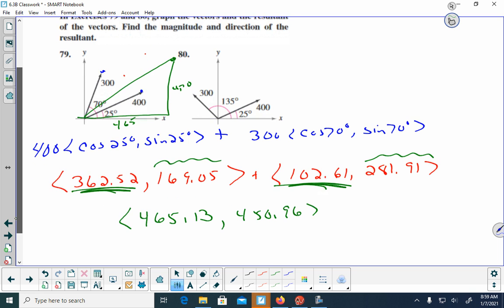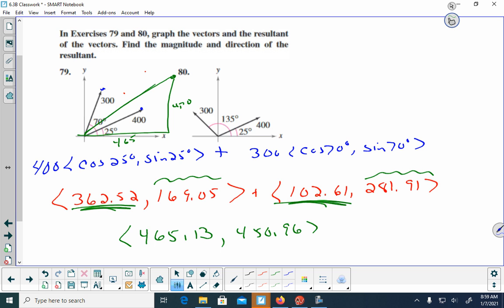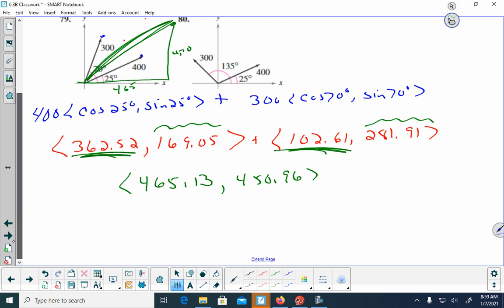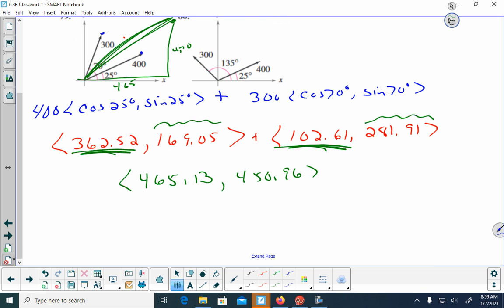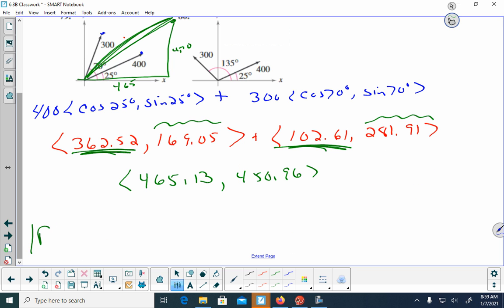That's the component form. Now the question wants the magnitude, so the magnitude is like how long is this line? To do that, I'm going to call it R result. I'm going to do the square root of 465.13 squared plus 450.96 squared.